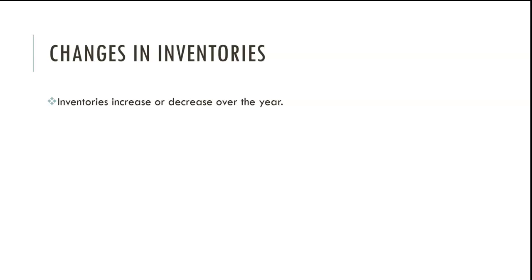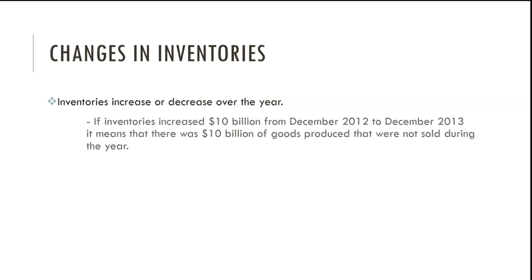Naturally, inventories increase and decrease over the years. If inventory increased by $10 billion from December 2012 to December 2013, it means that there was $10 billion of goods produced that year that were not sold. So inventory is going to include all the stuff that we produced that didn't get sold that particular year.